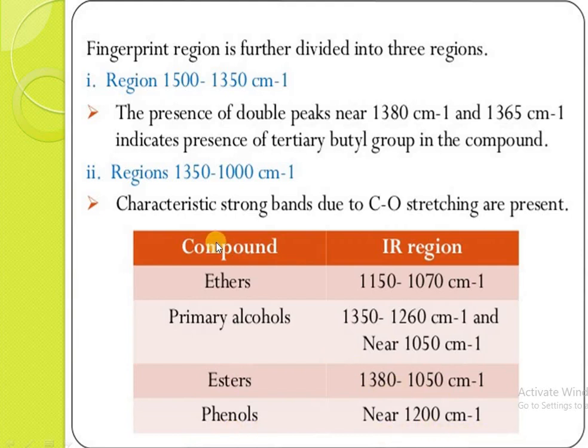So this region is very important, and if we know the peaks in this region, then we can easily identify the type of molecular vibrations or the type of bonds present in a molecule.